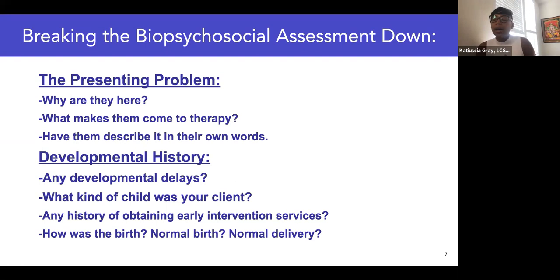What kind of child were they? Were there any developmental delays? Did they talk on time? Did they walk on time? Did they have any difficulties with sensitivity? I always ask about sensitivity issues with textures with food. Did they have a hard time with eating? Were they a picky eater? What about when you washed their hair?